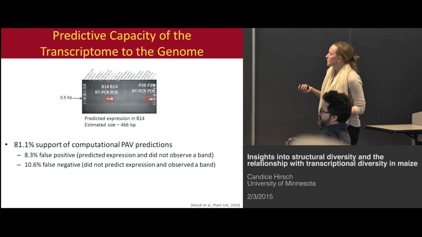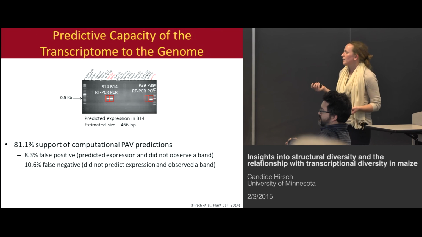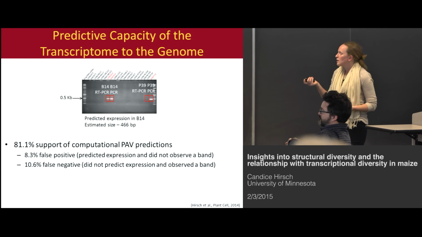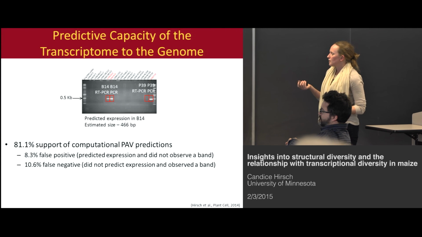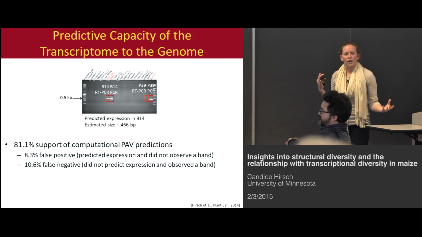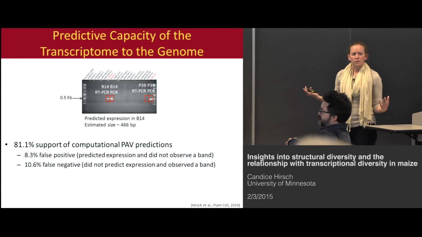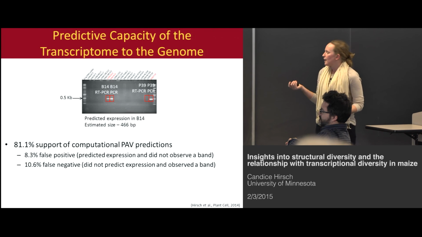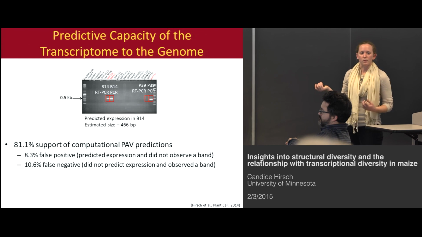So we had 81% support of our computational transcript presence-absence variants based on the RT-PCR, and there's a number of reasons why these 2 assays are going to give us quite a bit of difference in the detection just because of the sensitivity of the 2 methods for looking at transcript abundance.